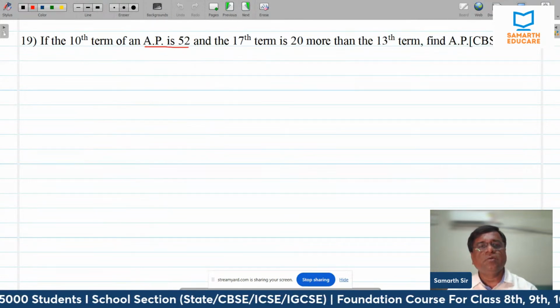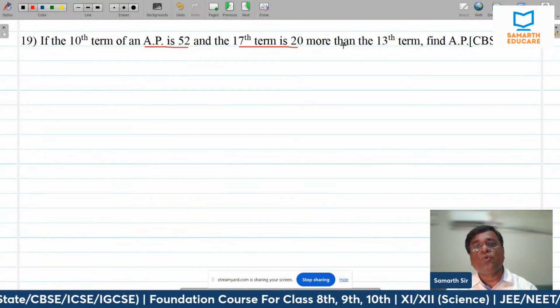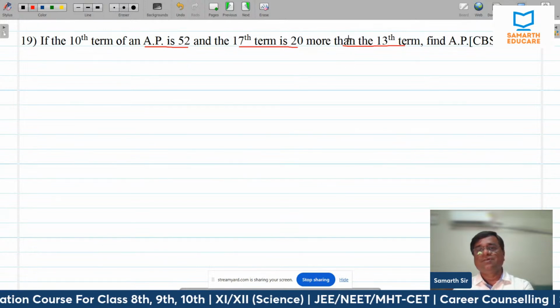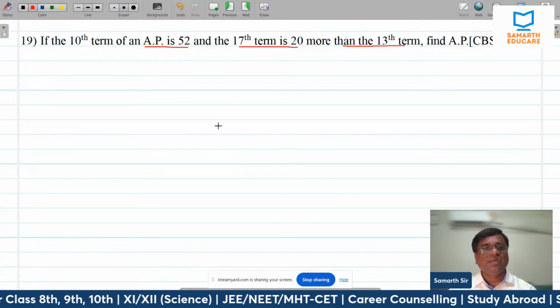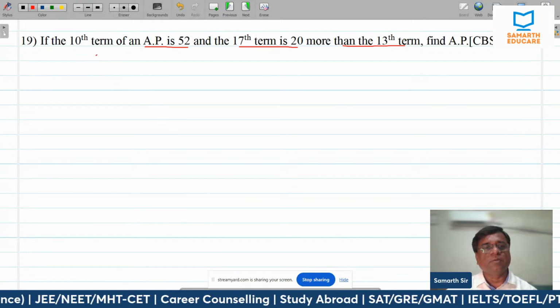If the 10th term of an AP is 52 and the 17th term is 20 more than the 13th term, then find the AP. Okay, they have given a mixed question. 10th term given.